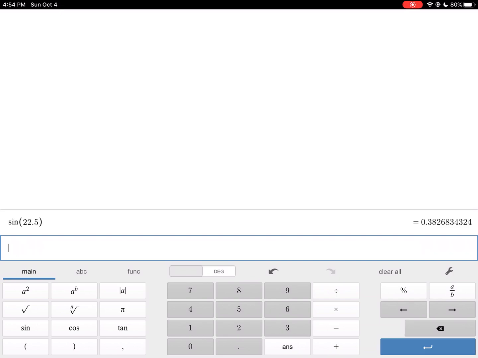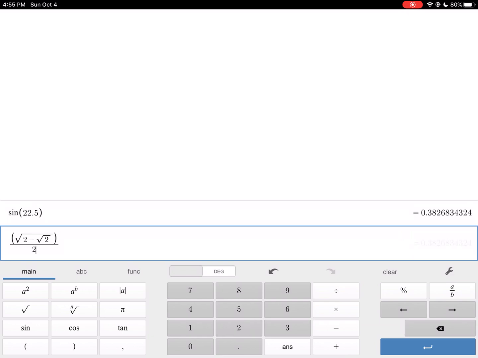Now, if I take the square root of 2 minus the square root of 2, and I should put that whole thing in parentheses, and I divide that answer by 2, notice we get the same answer. So it checks out for us, doesn't it?